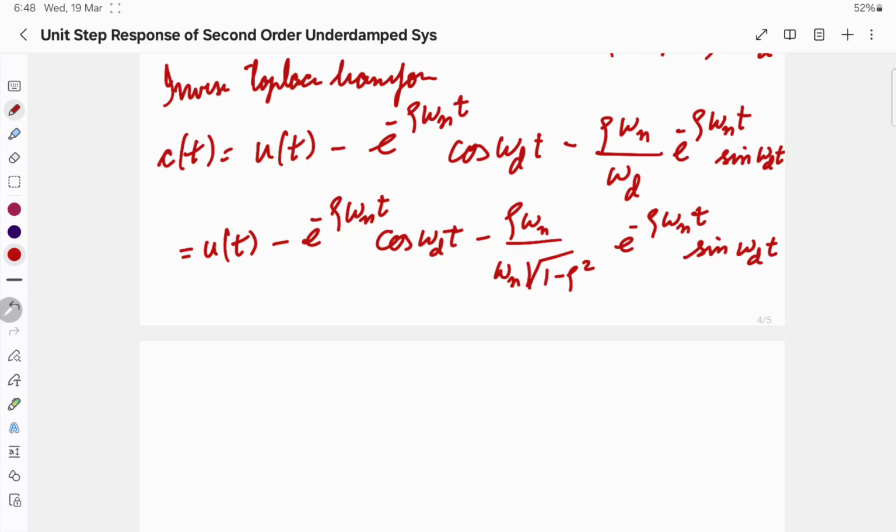Okay, what about, we know from the basic trigonometry, one second. u of t is, of course, for the positive time, u of t is going to be 1, right?